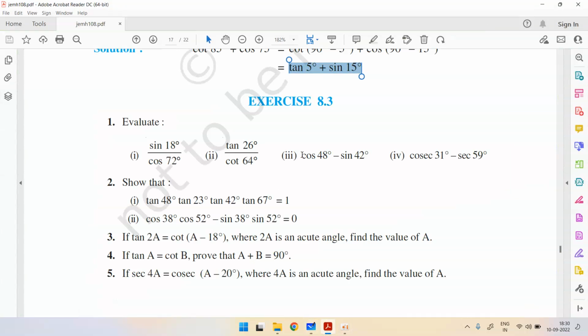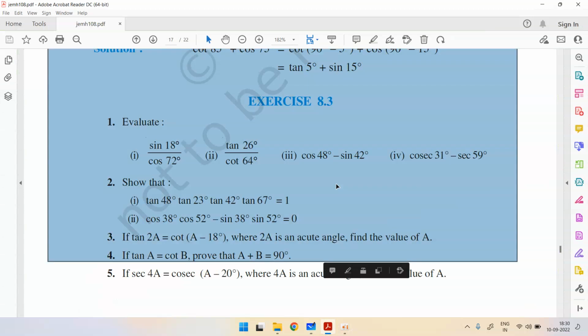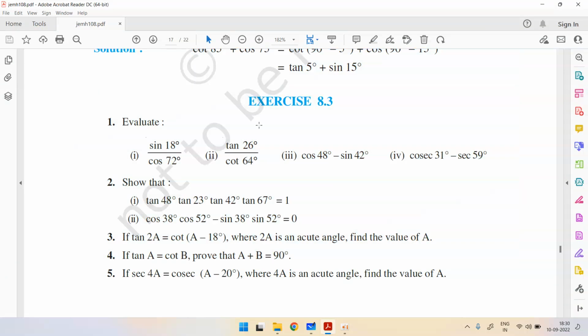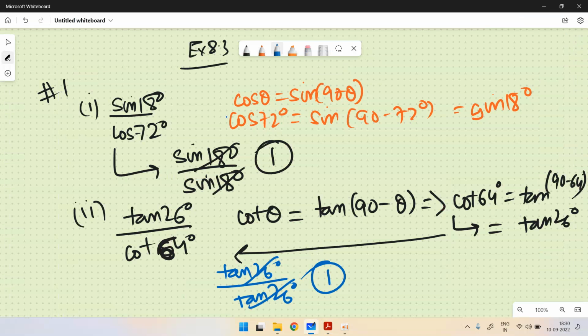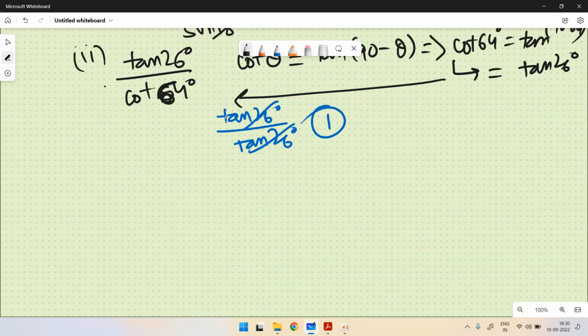Both answers are 1. Now next, third, is cos of 48 degree minus sine of 42 degree.